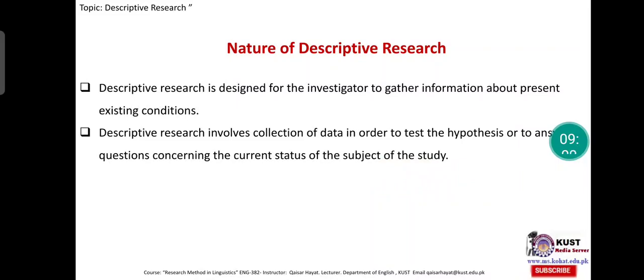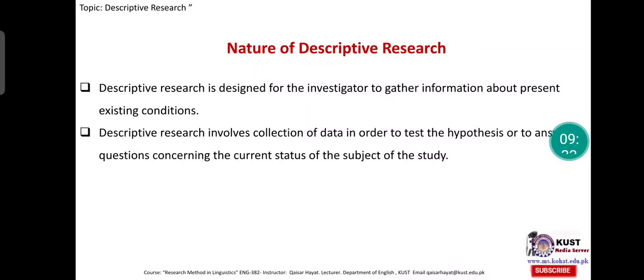So the important thing with respect to this word descriptive is the current status. Here we have also seen the present existing condition. So in this point also, the current status of the studies. Study means research here. As a conclusion of this point, descriptive research involves collection of data. How would you collect data?